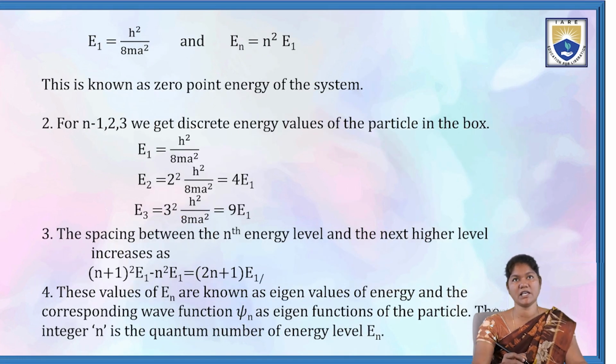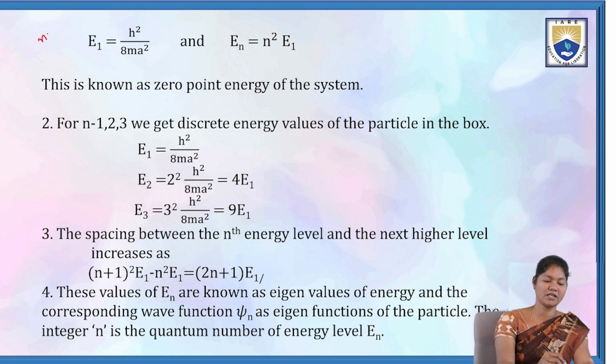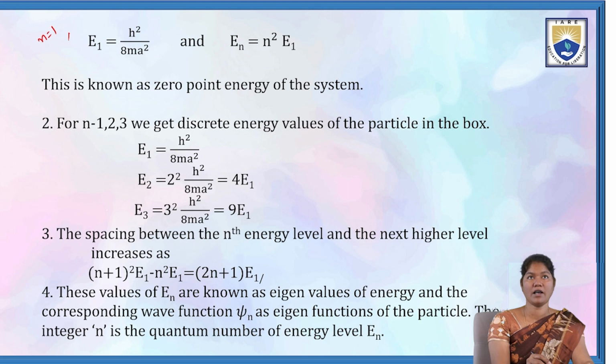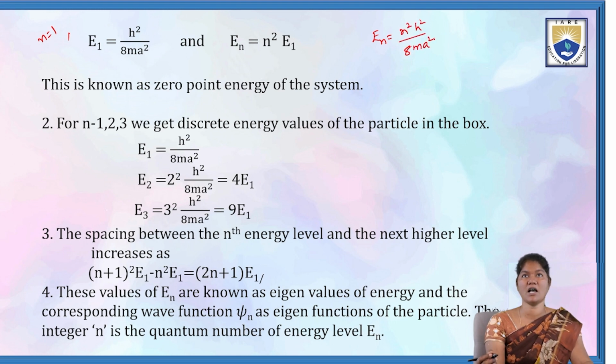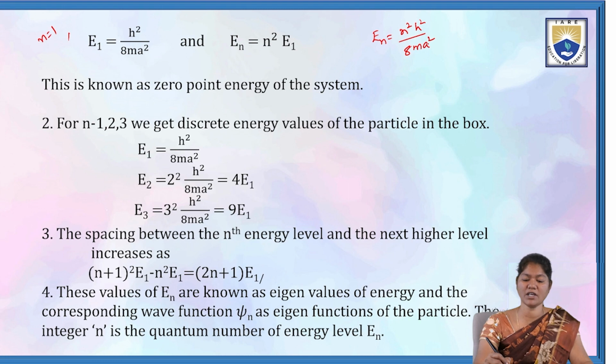So when n is equal to 1, E1 is equal to h square by 8ma square. So En is equal to n square h square by 8ma square. This is the eigen energy of a particle.